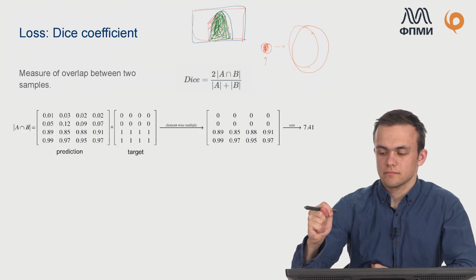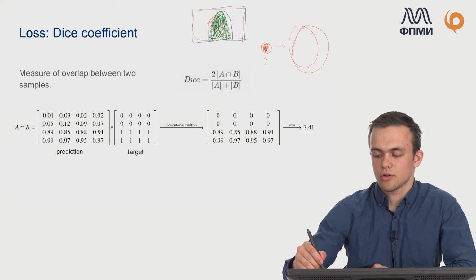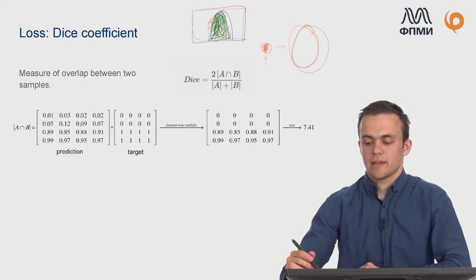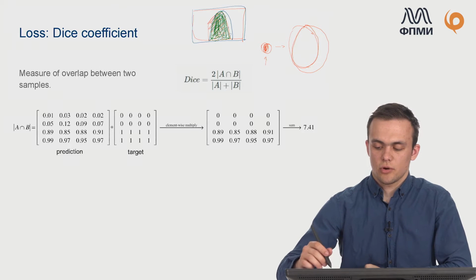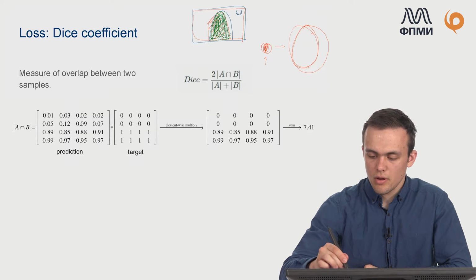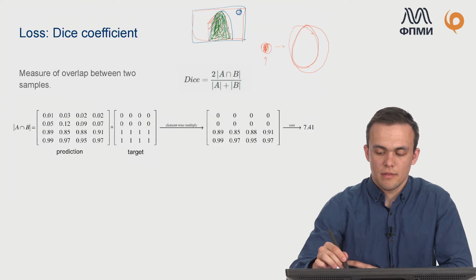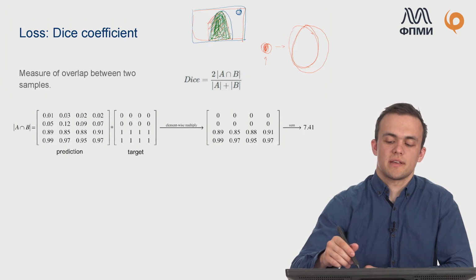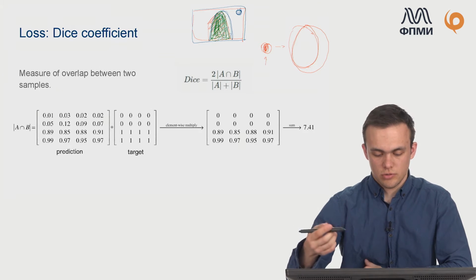So the size of the region of overlapping does not affect our loss. We only care about the relative size. So this loss denotes that if we had a small object on a picture and we have not predicted it at all, then the drop in the cost will be the same as if there was a big object in the picture and we were not predicting it at all too.